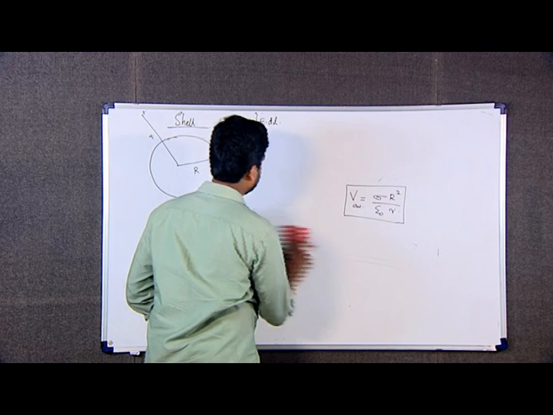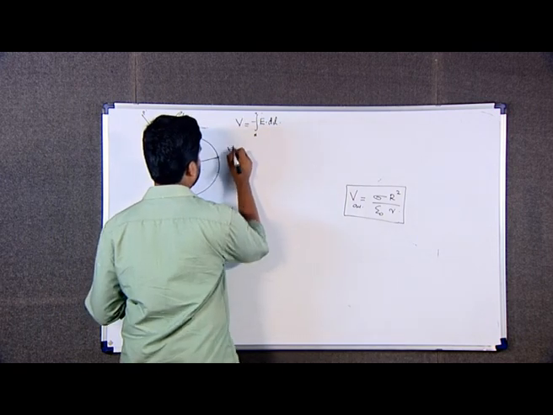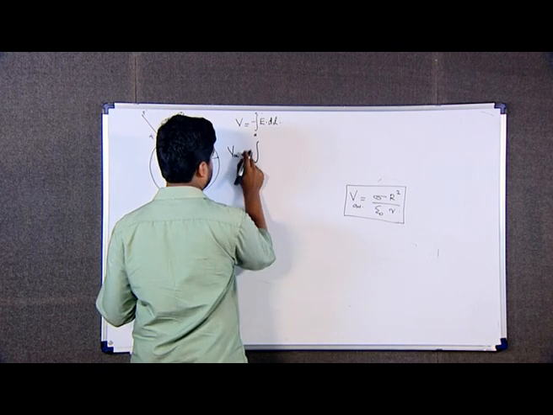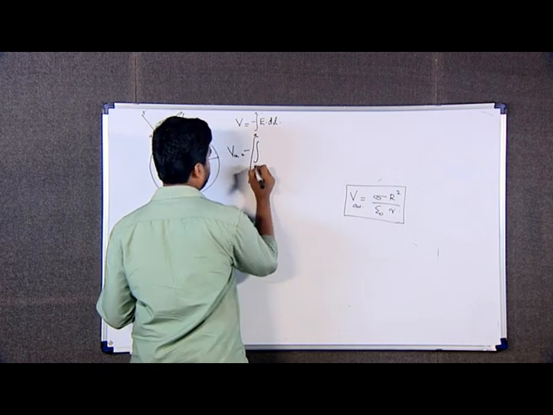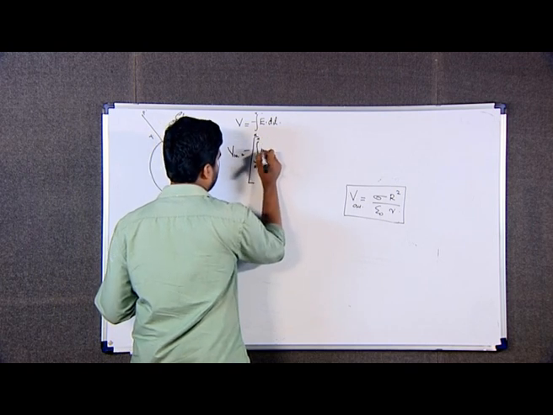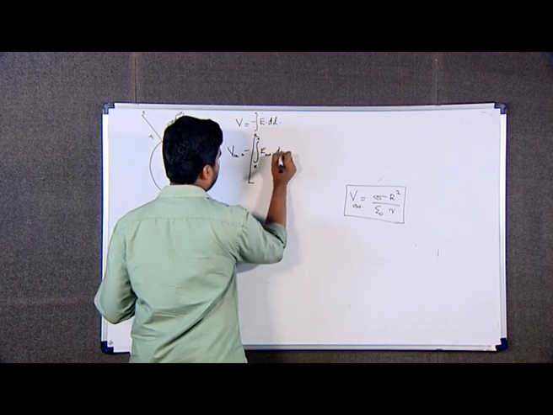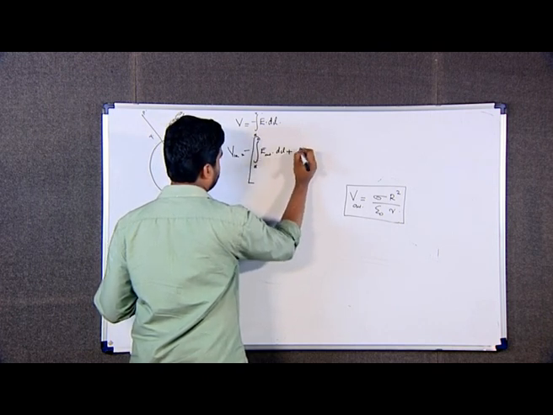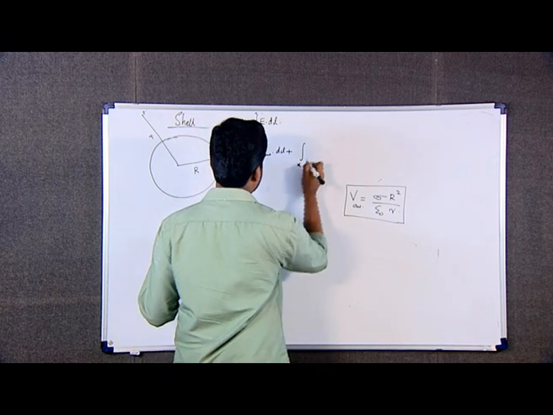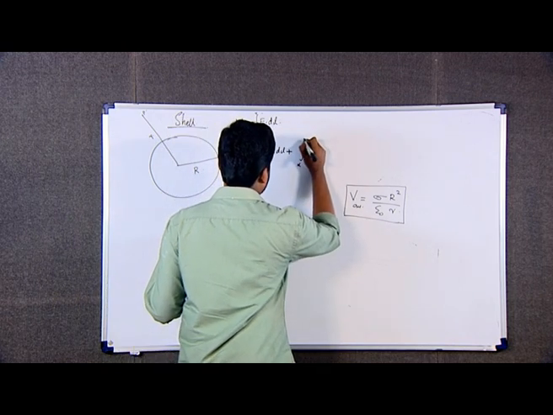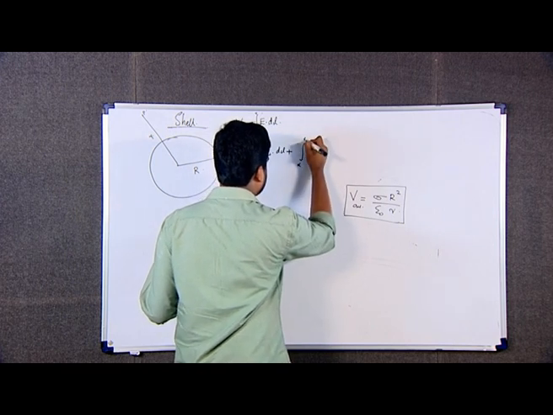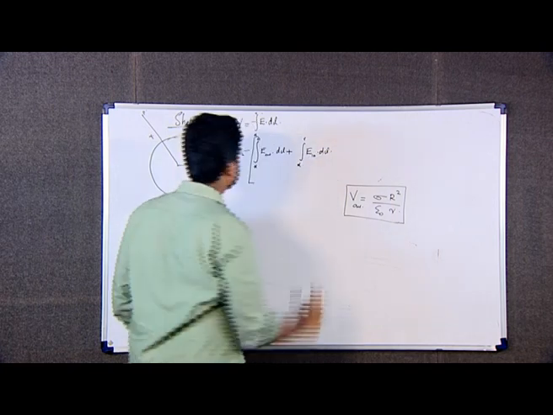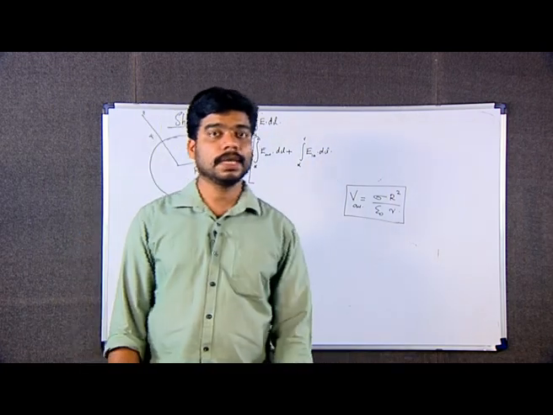V in is equal to minus the integral from infinity to r of E out dot dl plus the integral from r to the small letter r, where r is the point inside the shell, of E inside dot dl.